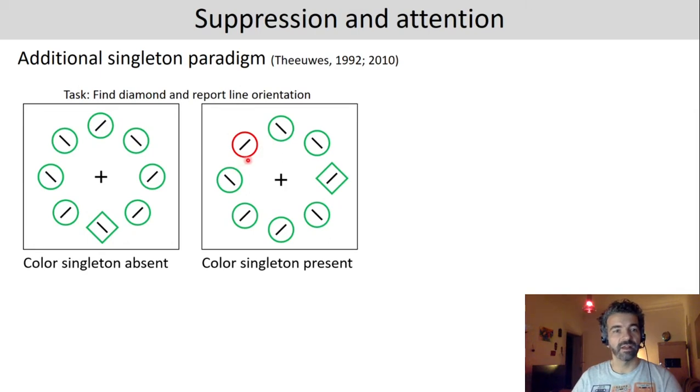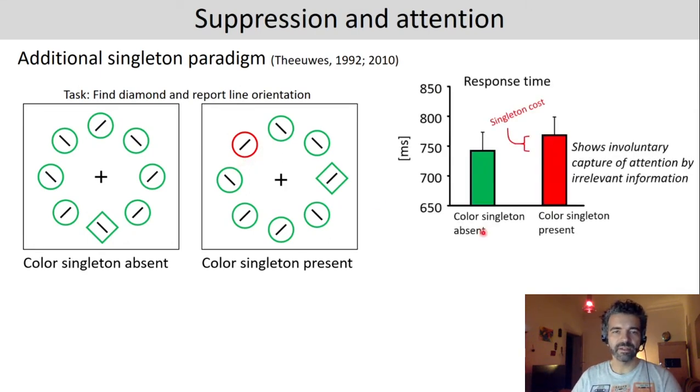That makes it very salient. And a common finding in these visual search tasks, the additional singleton paradigm is also a visual search task, is that in trials in which you have this additional red item, you have singleton costs. So this reflects involuntary capture of attention by irrelevant information. The irrelevant information being this salient distractor here.